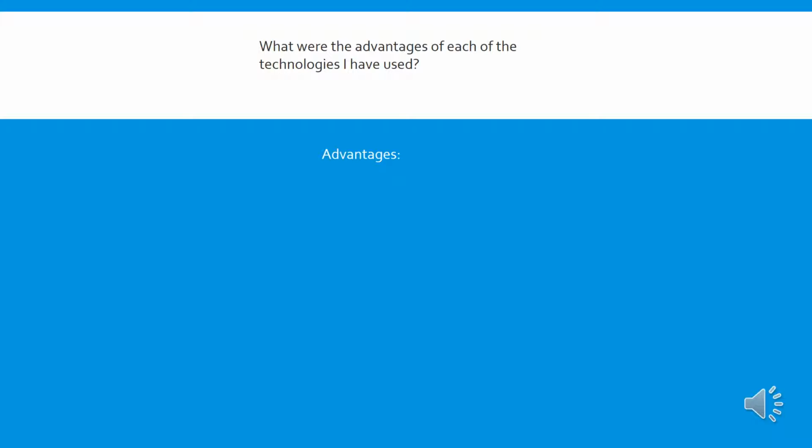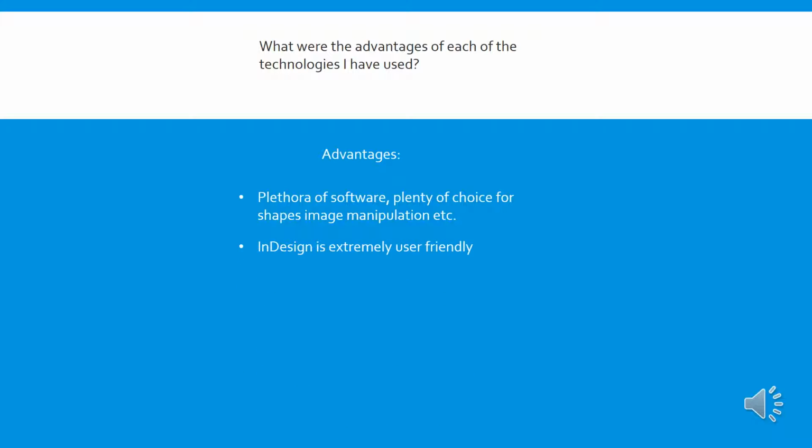There were many advantages to the technologies I used, having the choice of a plethora of software and hardware, especially for images and image manipulation. An advantage of InDesign was that it is extremely user-friendly in my opinion, making it very easy to simply drag a ruler down to help yourself with lining up images and boxes to where you want them to be.